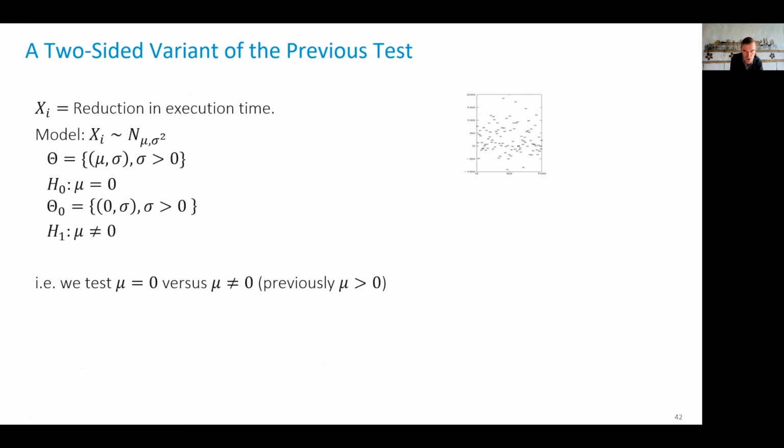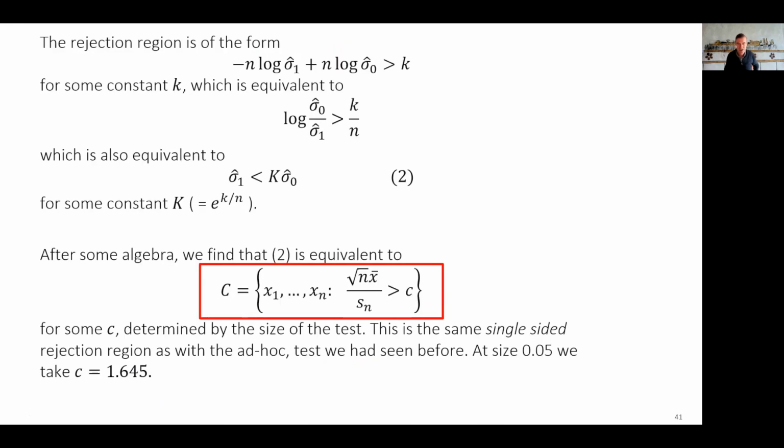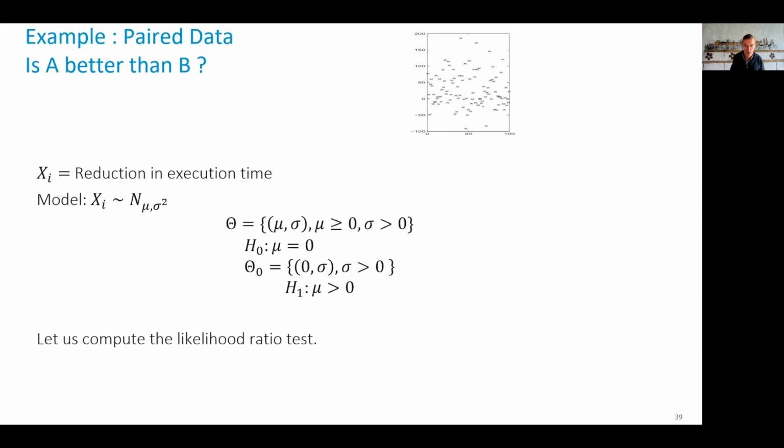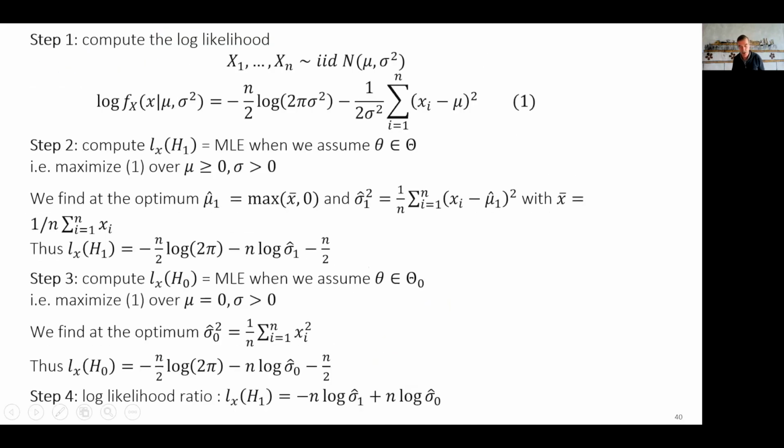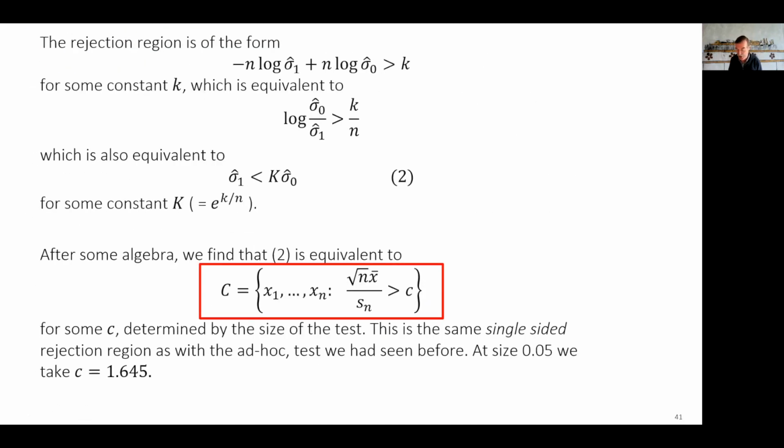So that's good news, and that is showing that this seemingly complex way of defining a test, in fact, makes a lot of sense, because it gave, at least in this case, exactly what the intuition was leading to. But as we will see, it also has a virtue: it will typically give a pivot.